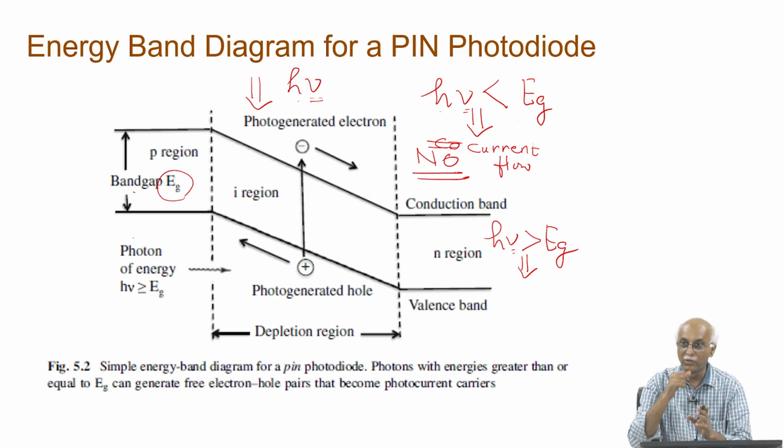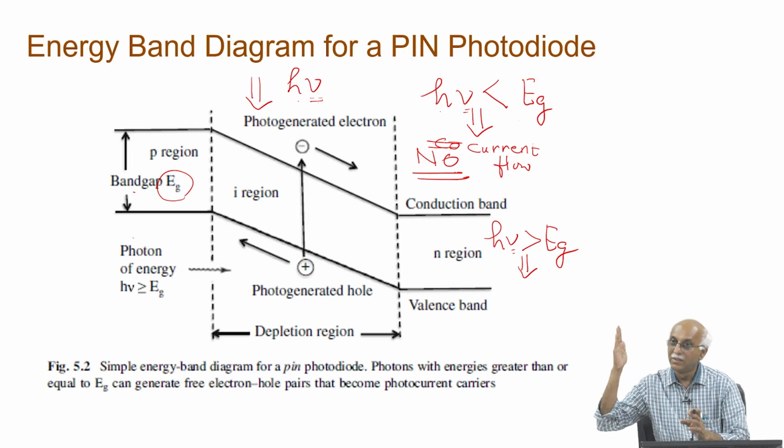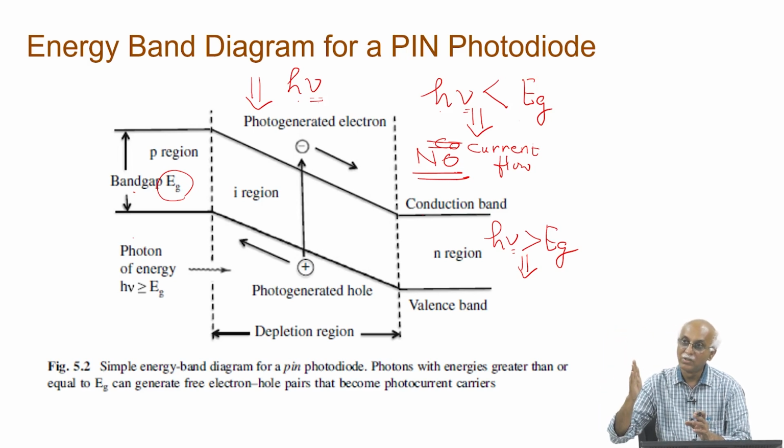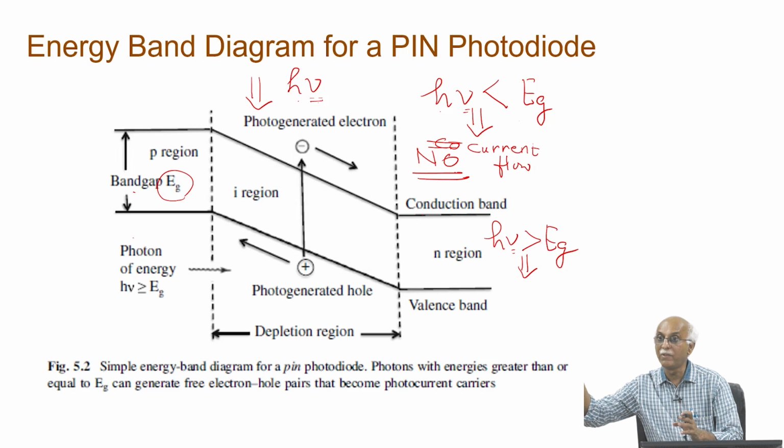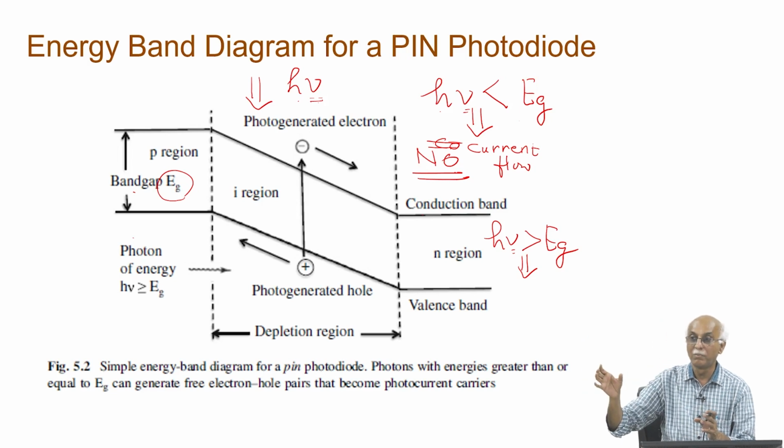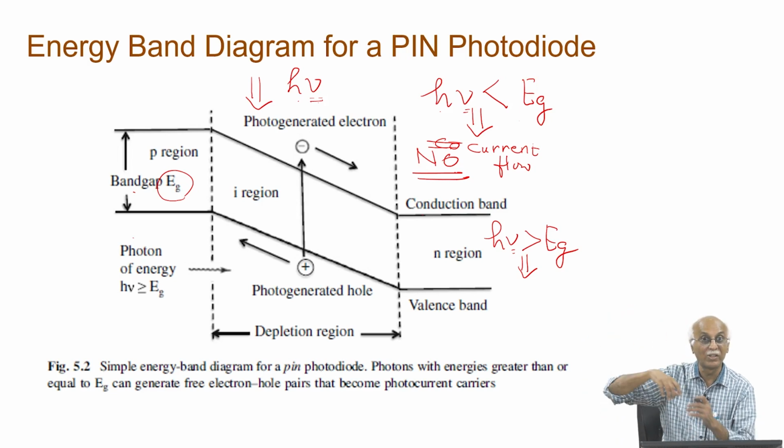So, silicon, if you consider, has a particular wavelength range within which it will work as a photo sensor. Beyond the longer wavelength side, it will not work because photon energy is not sufficient to generate electron hole pairs.